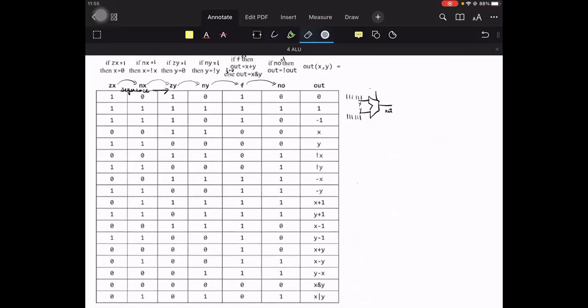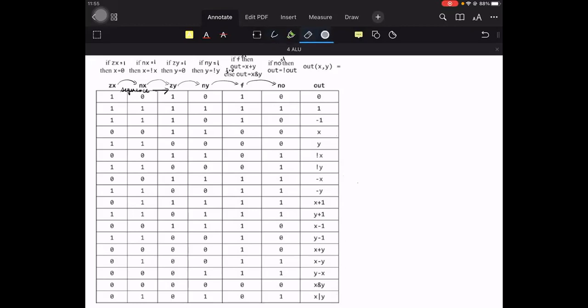So with these possible opcode operations, what are the expected outputs? Okay?